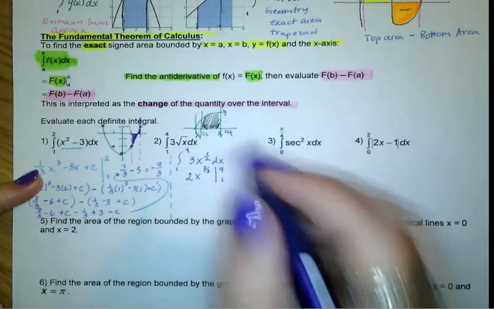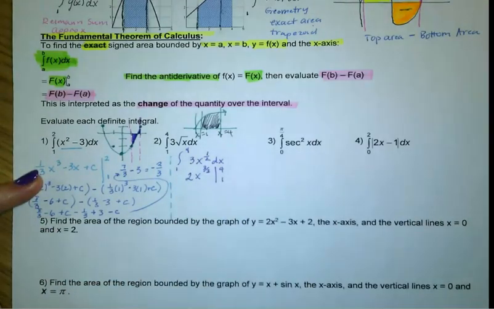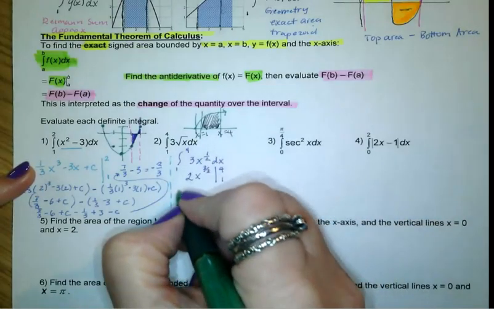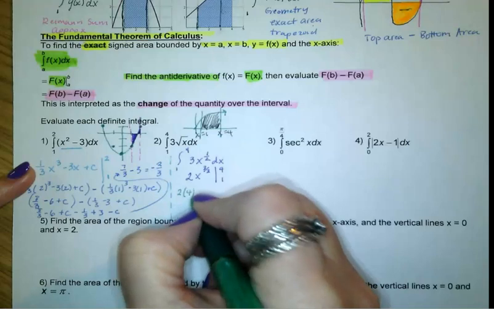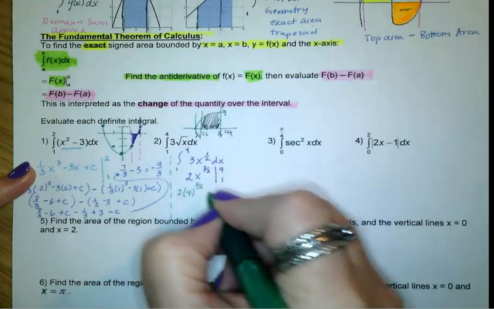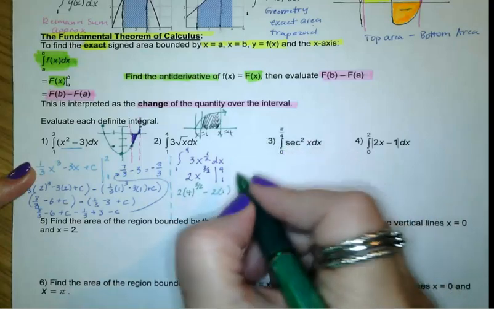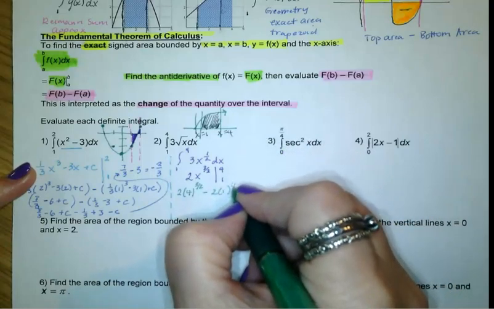Okay, so now I'm at my evaluation point, and I'm going to be plugging all my stuff in. All right, so I'm going to do 2 upper bound 4 to the 3/2 minus 2 lower bound 1 to the 3/2.